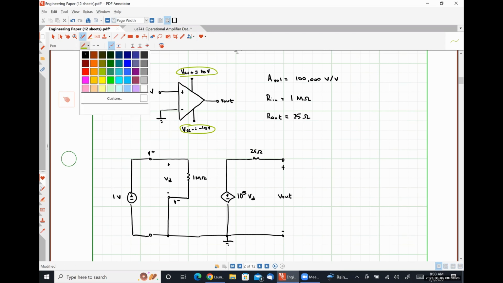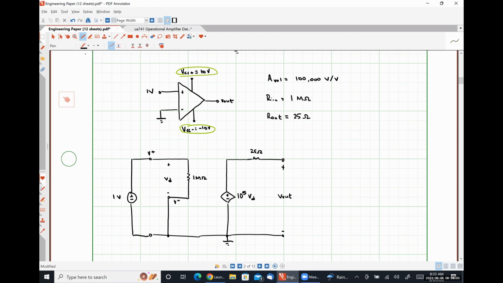Now let's do some analysis here, okay? Purely by inspection, I can say that my output voltage, V out, is going to be 10 to the 5 times my differential voltage, VD.